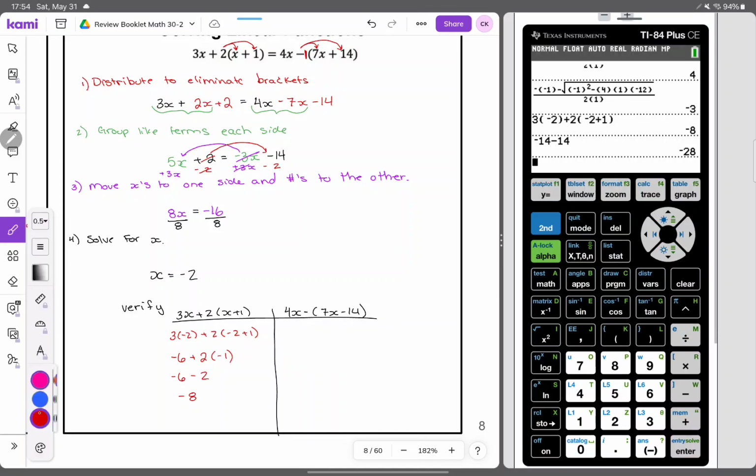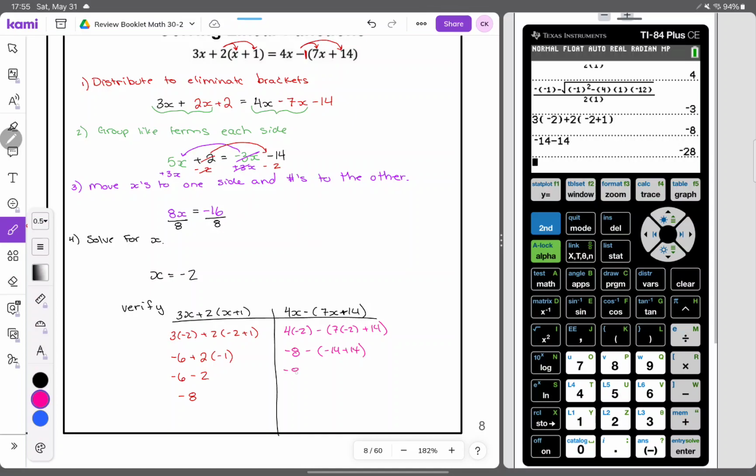All right, so let's go ahead. 4 times -2. There's a typo here, this should be plus 14 from our original function. Minus 7 times -2 plus 14. So that's going to be -8 minus -14 plus 14.